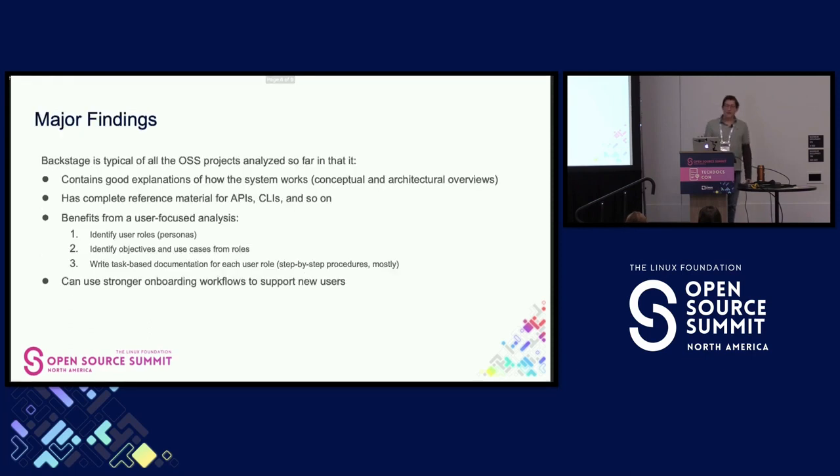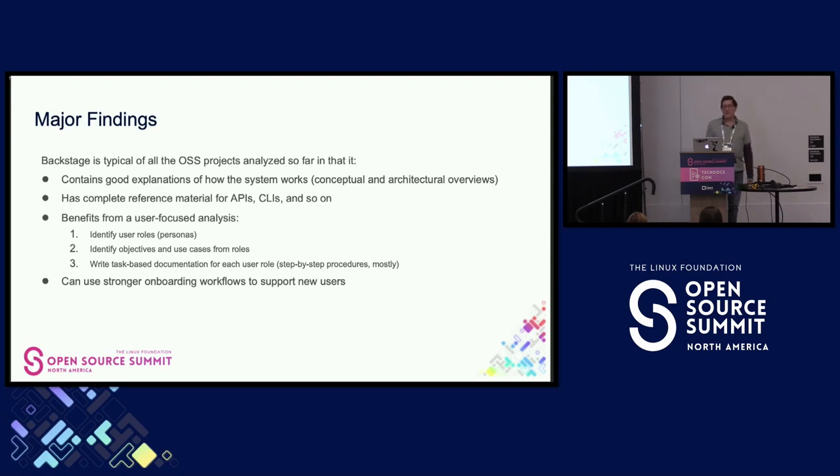The reason I bring that up is for Backstage and for all these projects, we've started to see some commonalities in what the documentation looks like and what we're recommending to be able to have contributors improve the documentation and bring up the maturity level.